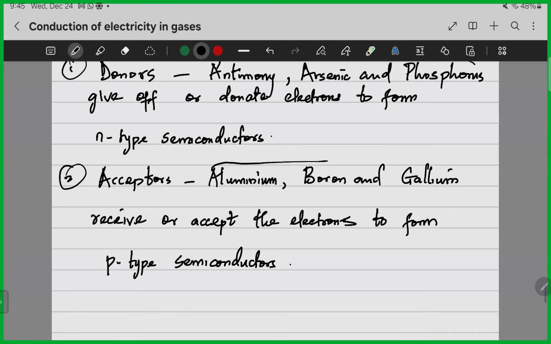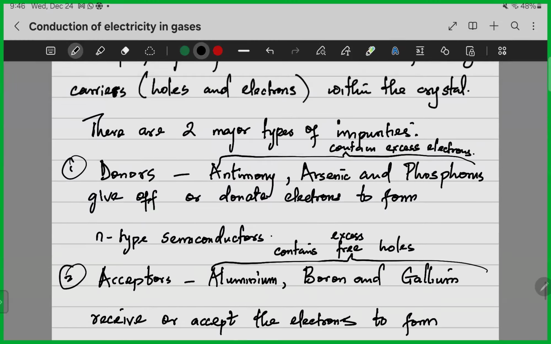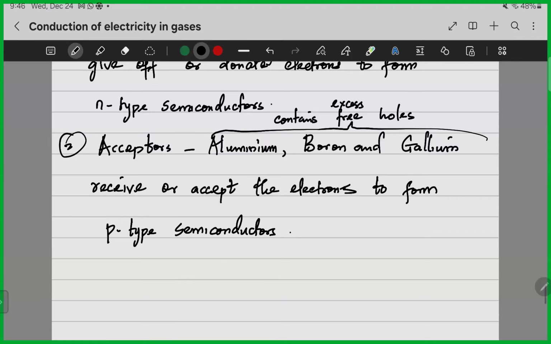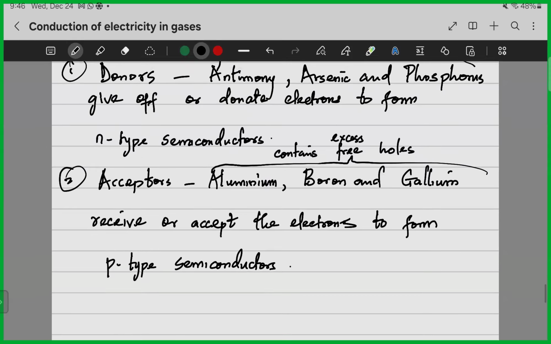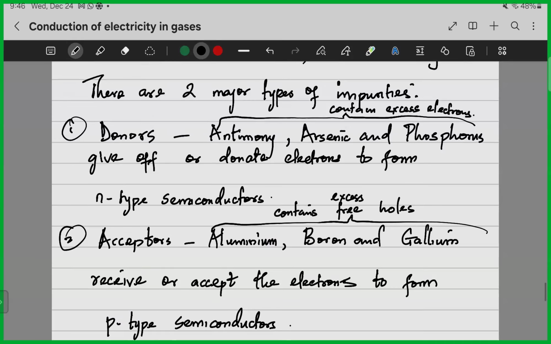The charge carriers here, for acceptors, are holes, free holes. Holes are formed because there is a shortage of electrons. So acceptors contain excess free holes. If asked what the charge carriers in acceptors are: excess free holes. So please take note of those things.